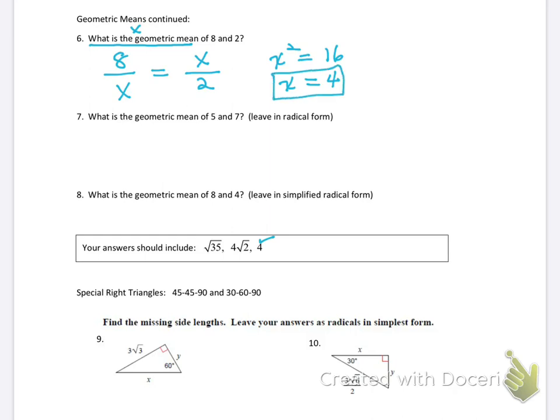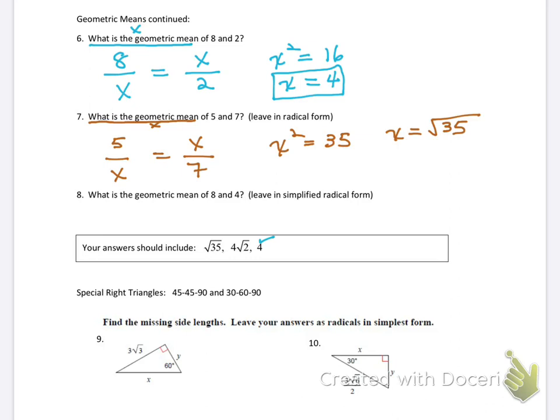Let's read the next one. So the next one says, what is the geometric mean? Okay, so we're looking for it. So that's going to be my x of 5 and 7. So get your fractions again and put your x in the geometric mean spot, and you have your 5 and your 7. So x squared equals 35, and therefore x is going to equal radical 35.